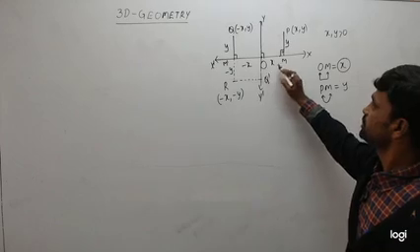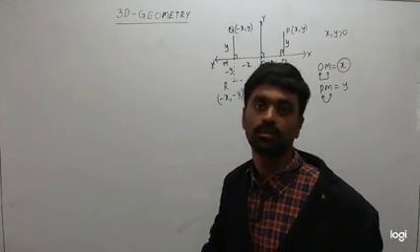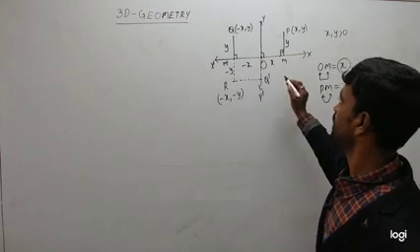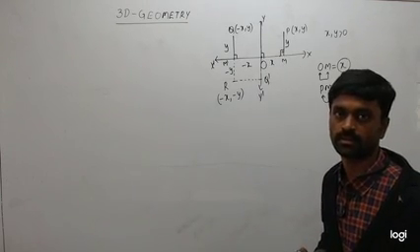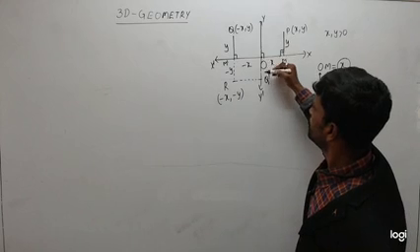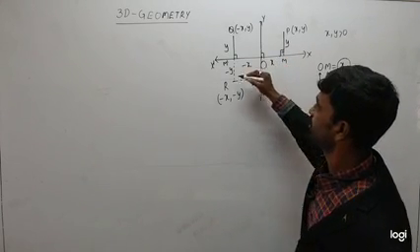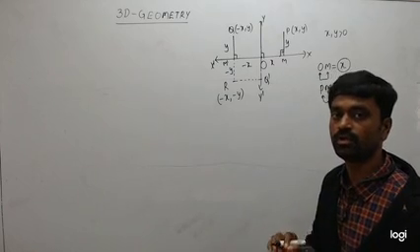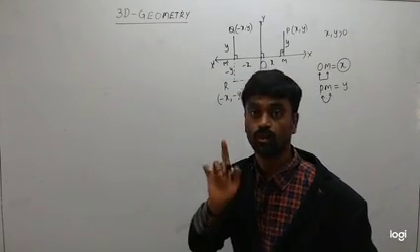The distance between O and M is x only, and the algebraic distance between O and M is also x, because M is a point along the positive x-axis. Similarly, Q dash is a point on the negative y-axis. The algebraic distance between O and Q dash becomes minus y, whereas the distance between O and Q dash is y only.